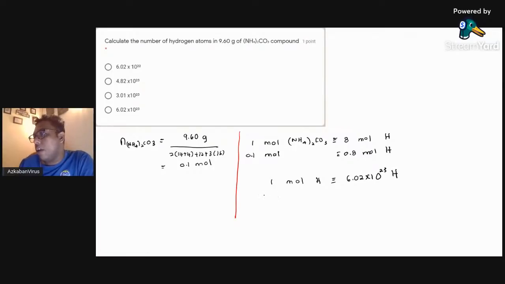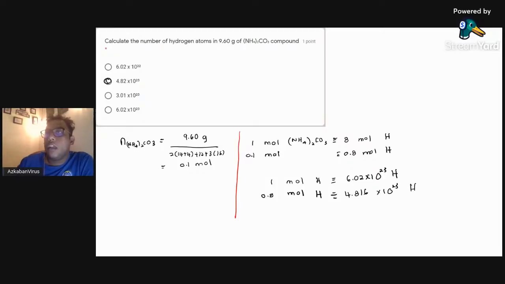So if we have 0.8 mole, this is equal to 4.816 times 10 to the power of 23 hydrogen atoms. So this is the answer. Okay, proceed to the next one.